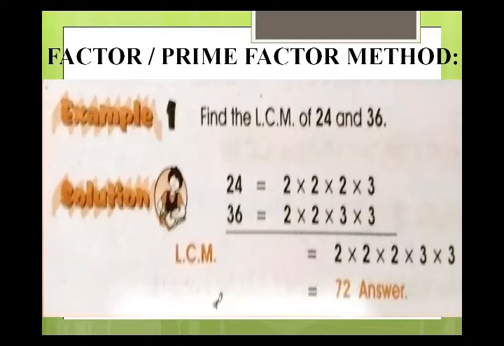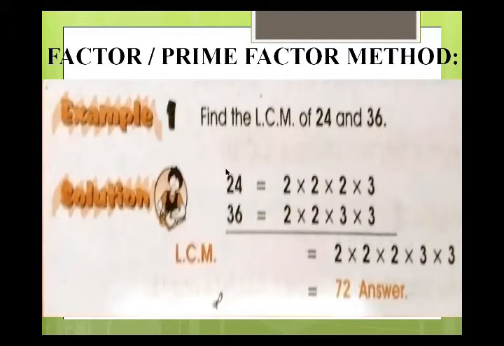Students, open your book and see these examples in your book and on your screen. In this example, you have to find the least common multiple of 24 and 36 by using the factor method.